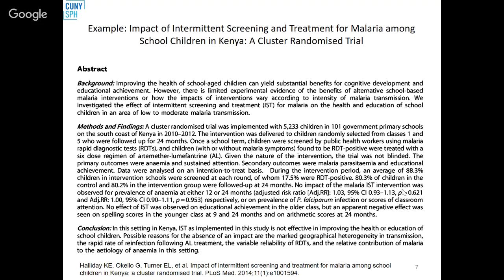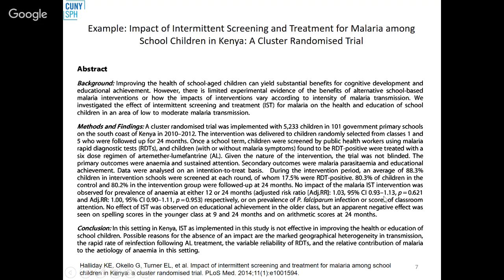If it's 1, then there's no difference in risk. And they've calculated a 95% confidence interval, and that contains this no-effect value of 1, meaning that there's no evidence of effectiveness of this intermittent screening for changing the risk of anemia.